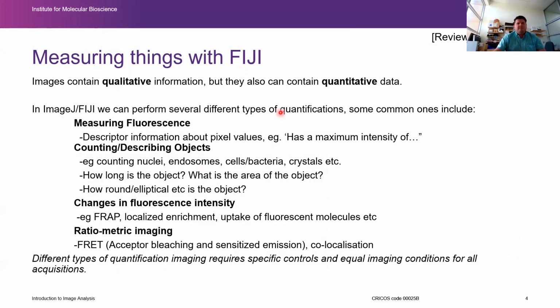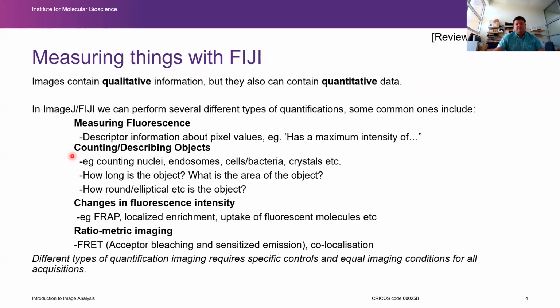In Fiji, you can measure lots of things. Microscope images can be qualitative, but they can also contain lots of quantitative data. We can measure things in different ways in Fiji. Some of the common ones include simply measuring fluorescence as a way of saying how bright our pixels are. So our object that we found has a maximum intensity of a number.